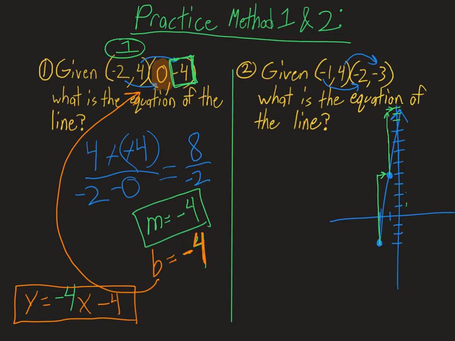Looks like we've got 1, 2, 3, 4, 5, 6, 7, 8, 9, 10, 11. Looks like it's y equals, and it was 7 over 1 I counted, so 7x plus 11.